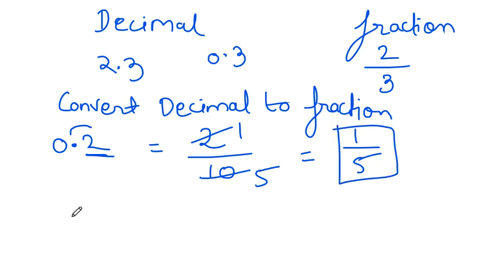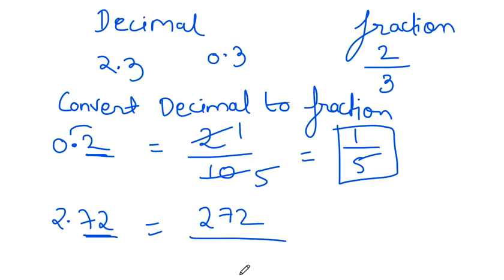Let's take another example: 2.72. Now here we want to convert it into a fraction. So I will remove the decimal first and write 272. Now after the decimal, how many numbers are there? 2.